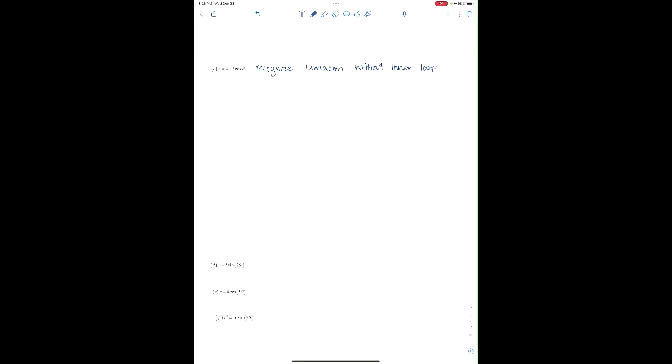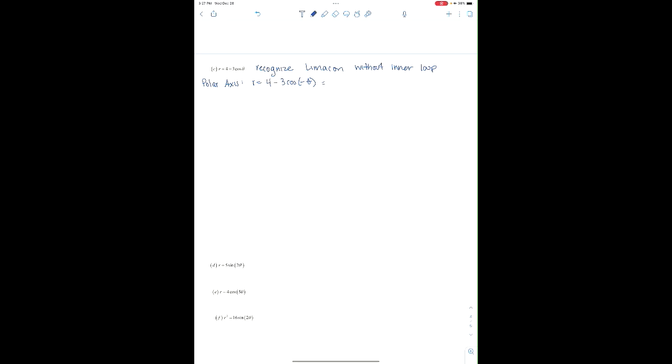And so now we get a general idea of what it looks like. We can check for where it is symmetric. Let's check the polar axes. So we get r equals 4 minus 3 cosine negative theta.